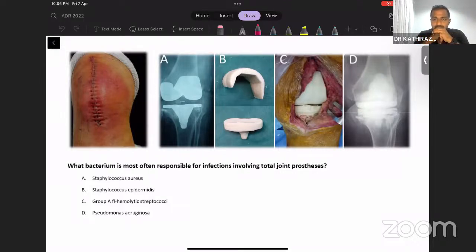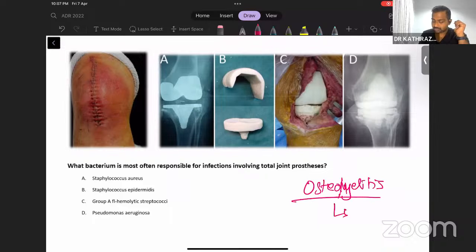Diagnosis, guys. You are right. So whenever the word osteomyelitis comes in ortho, they always say the most common organism is Staph aureus.